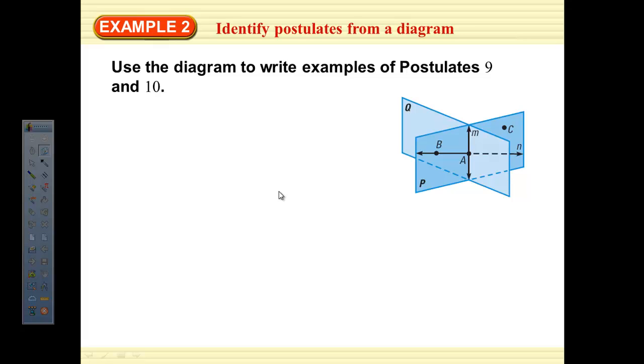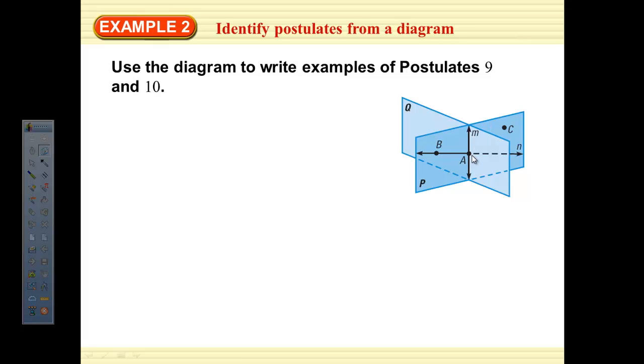Now we're going to do the same thing to write examples of postulates 9 and 10. Postulate 9 states a plane contains at least 3 non-collinear points. If we look, we have a plane P here, and it has B, it has A, it has C. So we could say plane P contains the points A, B, and C. And for postulate 10, it says if 2 points lie in a plane, then the line containing them lies in the plane.